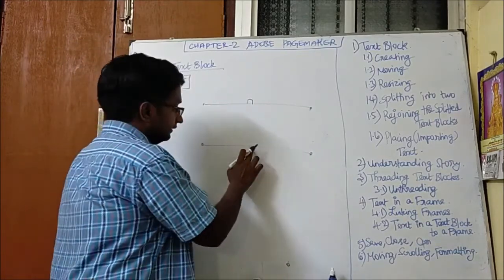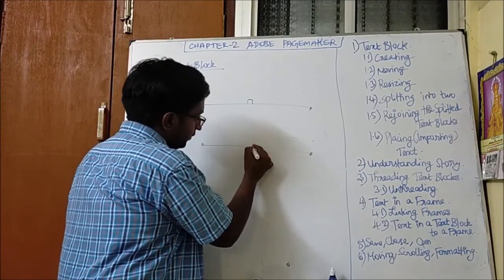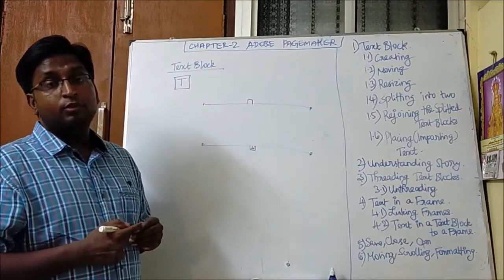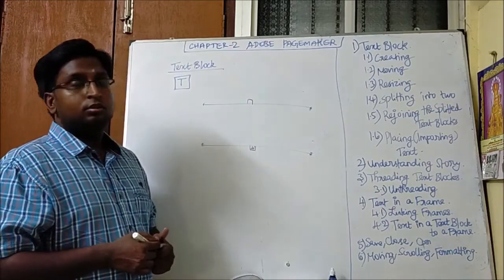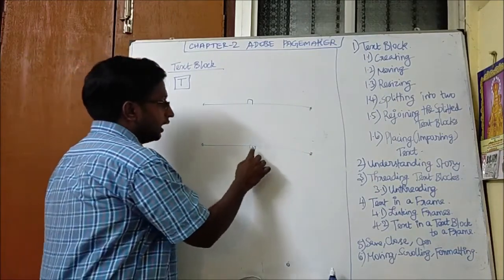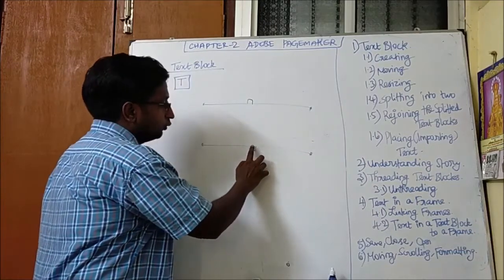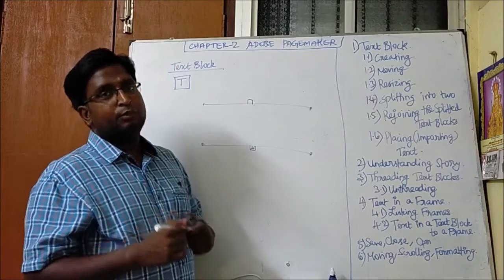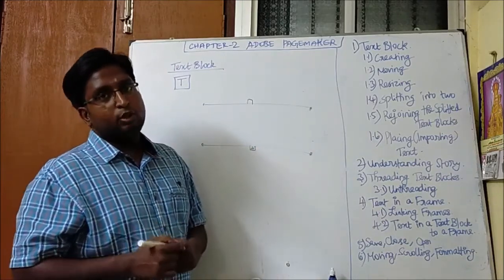When you click this, a small red color triangle will be there inside that small cap. You have to click that triangle again, and click and drag to split the text block. So this is how we split the text block.